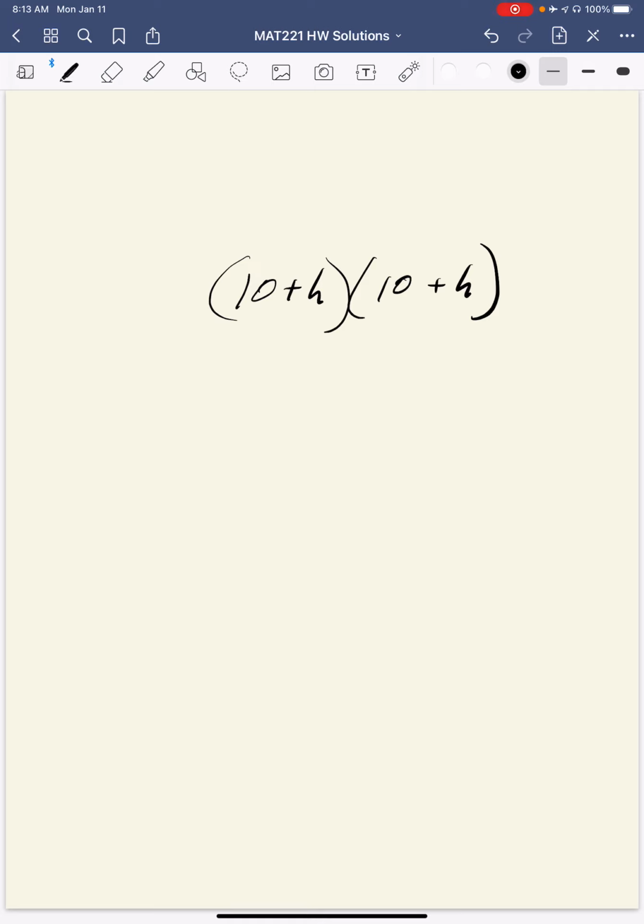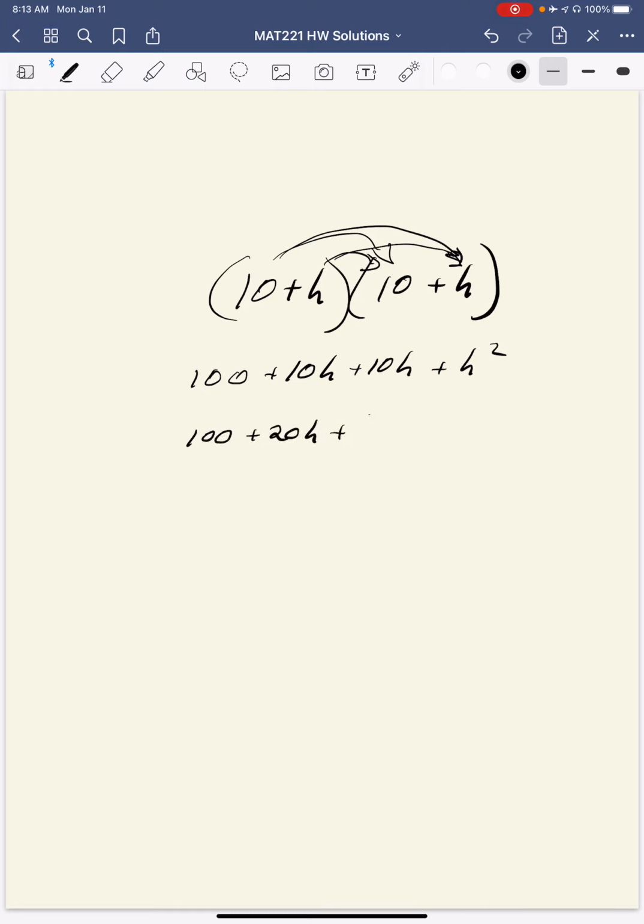So I distribute the 10 first, and that gives me 10 squared, which is 100. Distribute the 10 again, and I have plus 10h. Distribute now the h, so that gives me another 10h. And distribute the h again, and that gives me h squared. So from all of this, I get 100 plus 20h plus h squared.